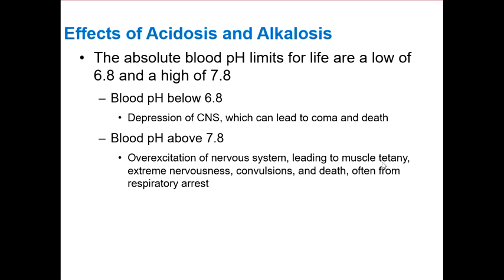Muscles will be contracting uncontrollably, extreme nervousness, convulsions, and then ultimately death from respiratory arrest. The 6.8 and 7.8 could be easy to remember because they're just one pH unit apart. Those are the life limits.